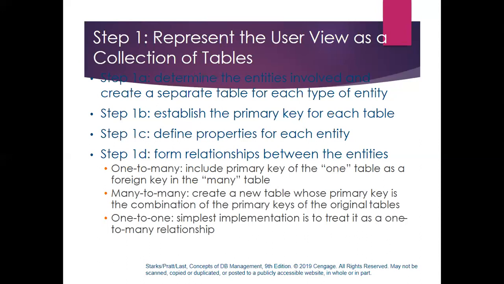To establish a many-to-many relationship, create a new table whose primary key is the combination of the primary keys of the original tables. For a one-to-one relationship, the simplest implementation is to treat it as a one-to-many relationship.